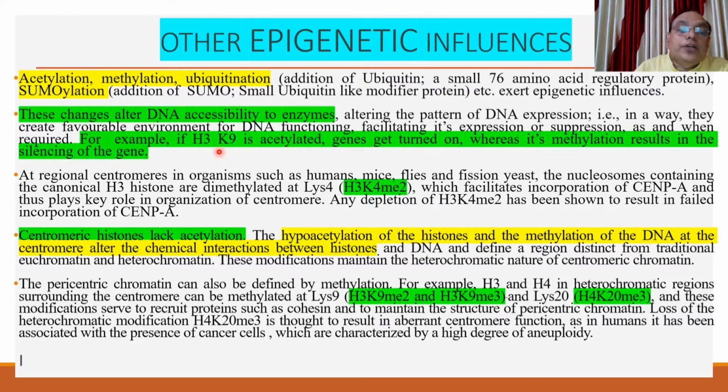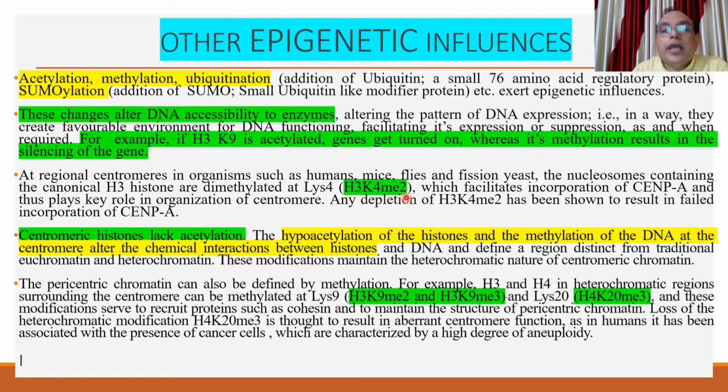And if K9 is methylated, then the expression will be inhibited. So the addition of this group or that group is creating a favorable or unfavorable environment as far as the expression of the gene is concerned.